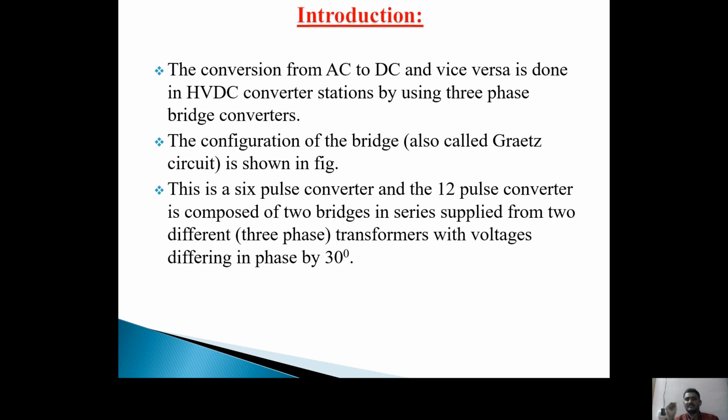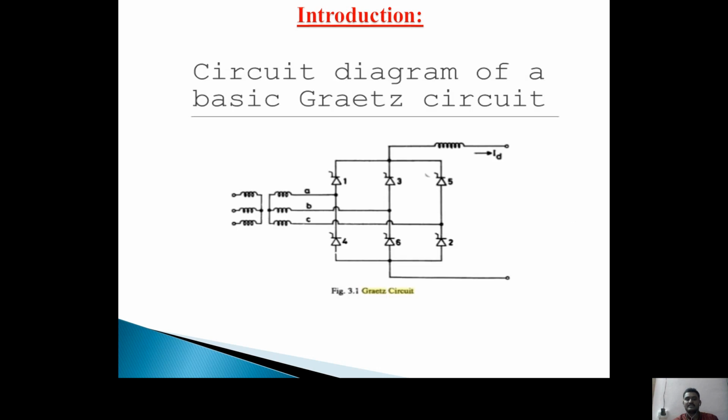This is the basic circuit diagram of a Graetz circuit. Here I am taking a three-phase supply with source inductance connected to the valves. I am taking the 6 pulse converter, so it consists of 6 thyristor valves.